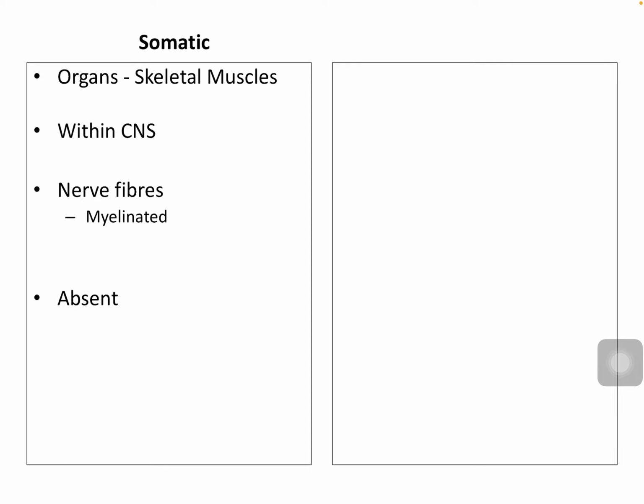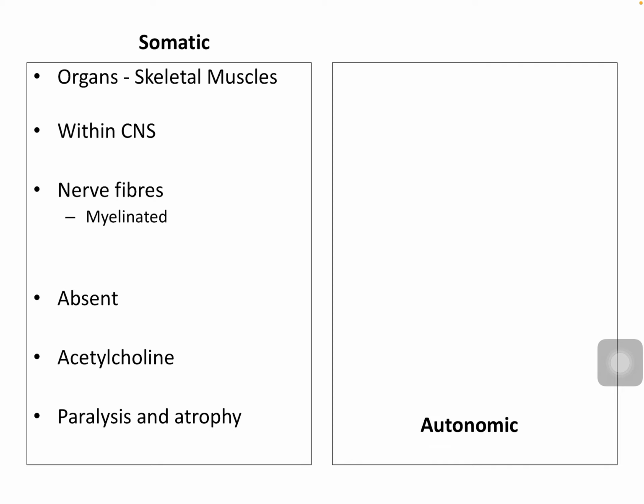The ganglia are absent. The main neurotransmitter is acetylcholine. And whenever there is any injury, or when you cut the nerve that supplies the skeletal muscle, there is paralysis and atrophy of the skeletal muscle.